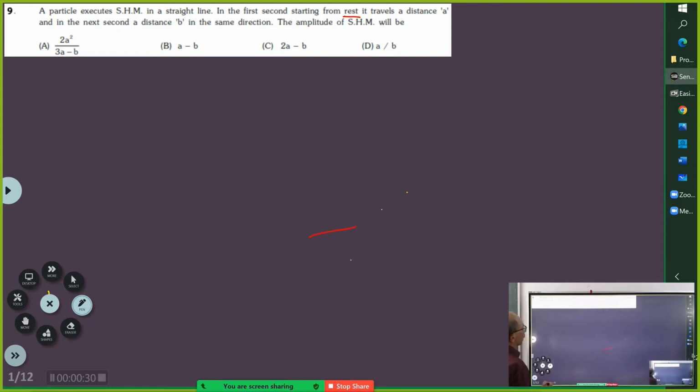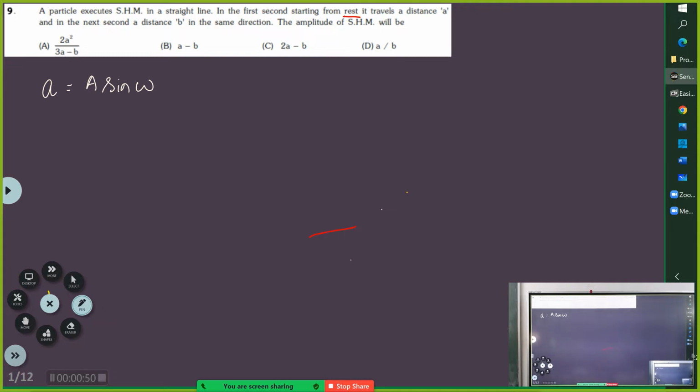So therefore, our equation for this should be in terms of sine, right? If we take the amplitude as A, then we will write it as a equals A sine omega. That is in the first second.